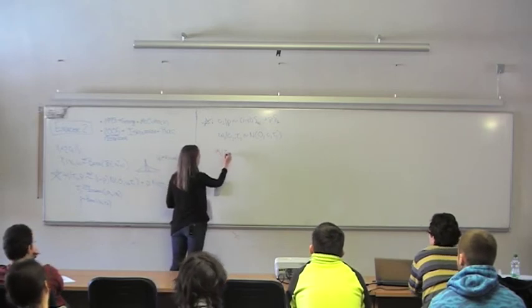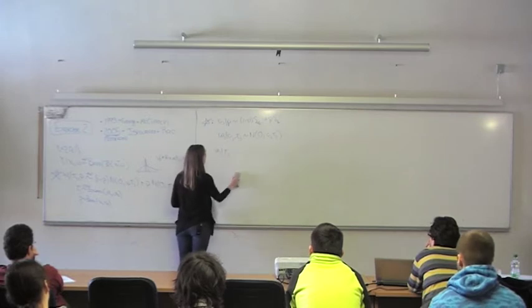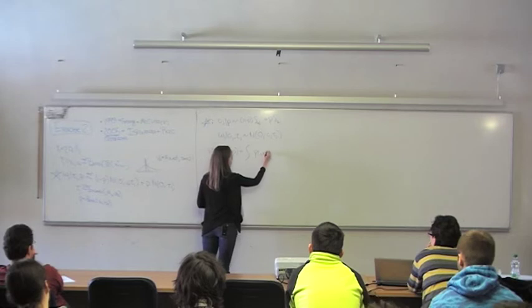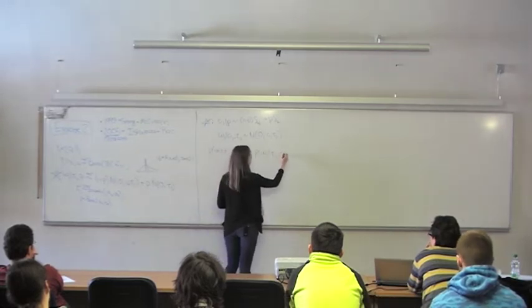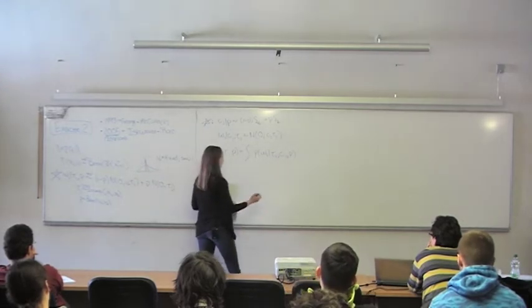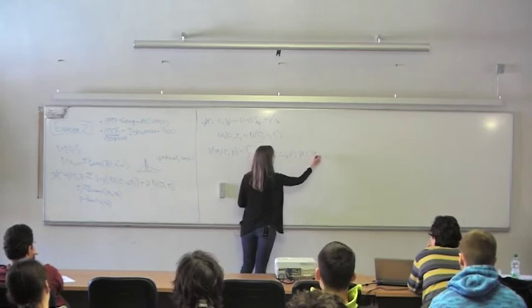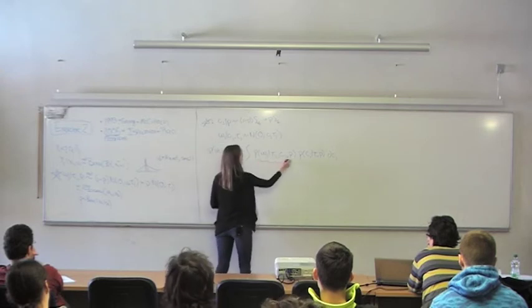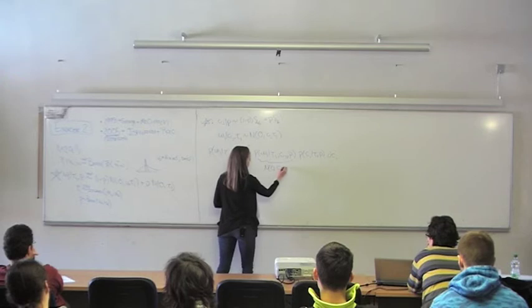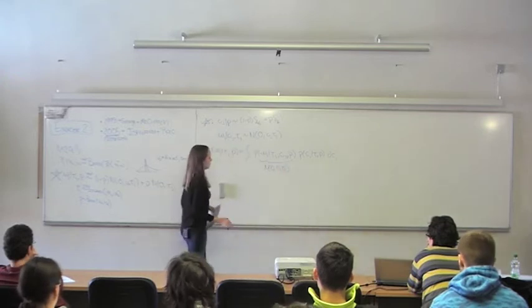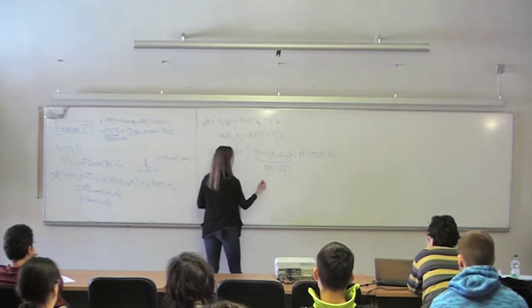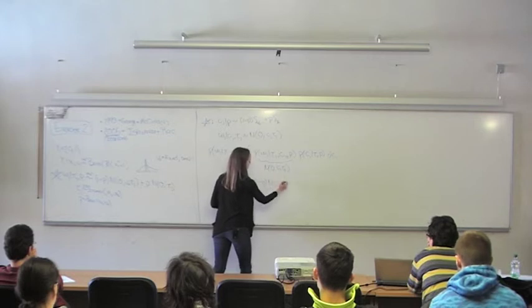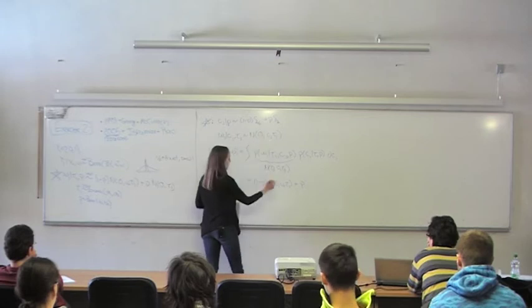So Wj given tau j and P should be equal to the integral of Wj given tau j, Cj, and P, times Cj given tau and P. This is normal 0, Cj tau j, and with probability 1 minus P, it will be V naught, and with probability P, it will be 1.